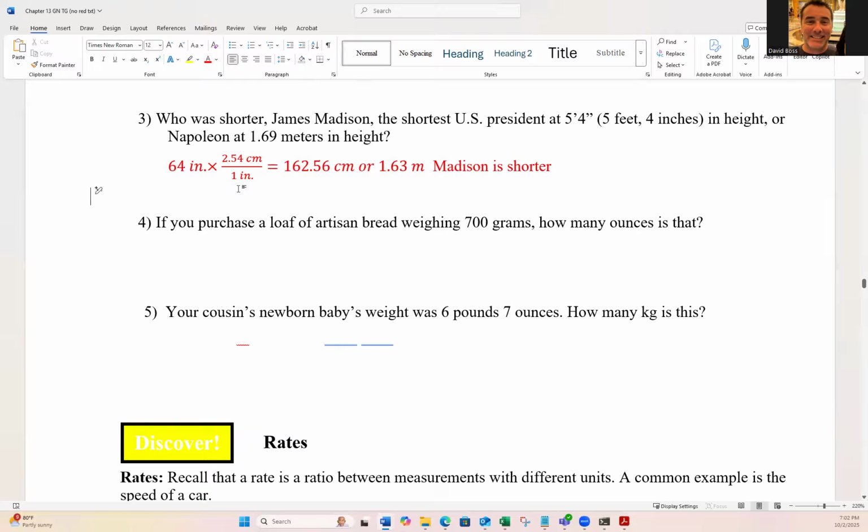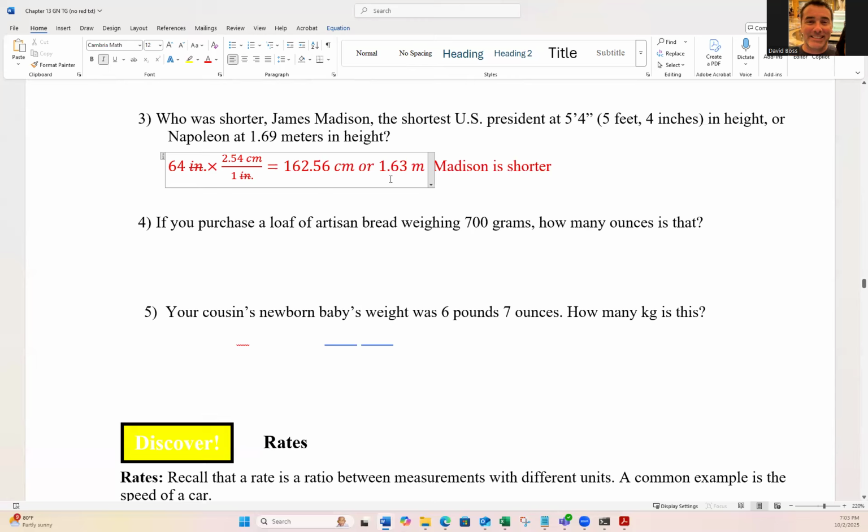So James Madison is 64 inches tall. Then we want to turn inches into centimeters using that conversion table. Set it up so the inches cancel out. We now have 64 times 2.54 centimeters divided by 1, which is 162.56 centimeters.